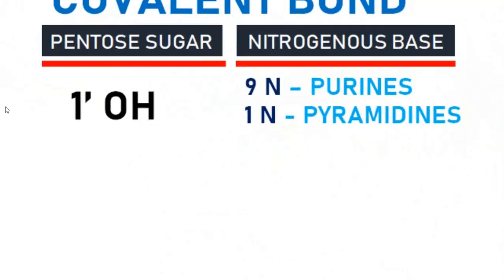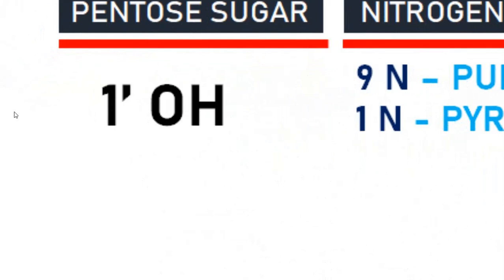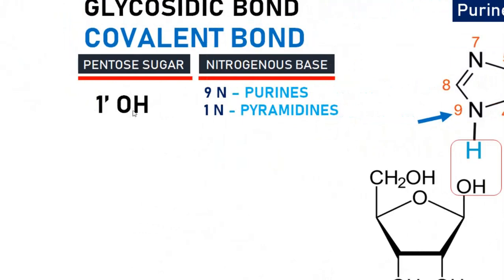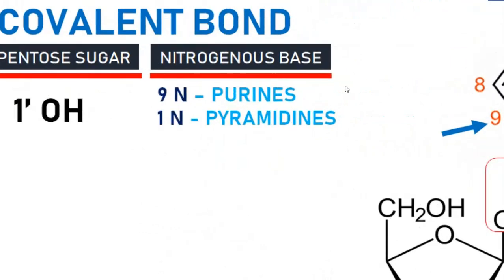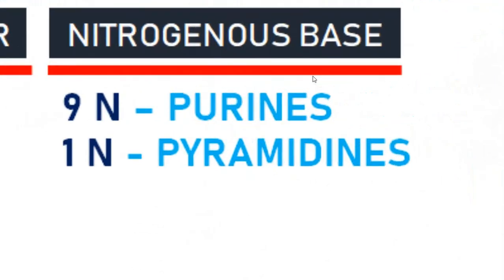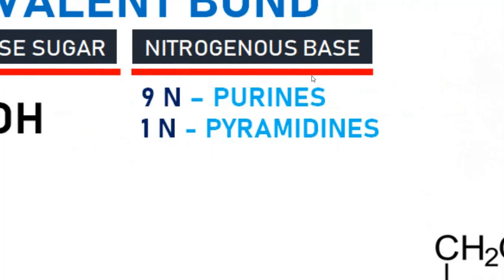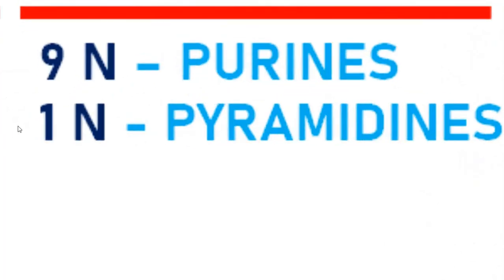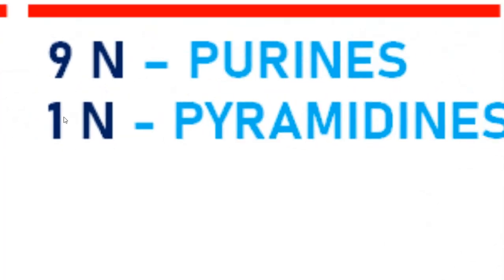From the pentose sugar, the hydroxy which is present at the first prime carbon makes a bond with the nitrogenous bases. In the case of the purines, the hydrogen present at the 9th position is involved in bond formation, while in the case of pyrimidines, the hydrogen which is attached to the nitrogen 1 is involved in bond formation.